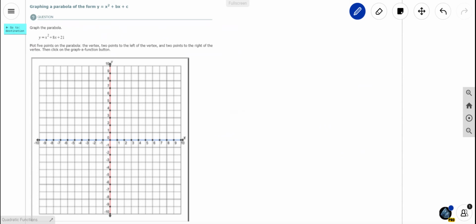Here's the third one. You can skip this one if you want. If you need it, try to do it and then see if you did it correctly. First, h is negative b over 2a, which is negative 8 over 2, which is negative 4.